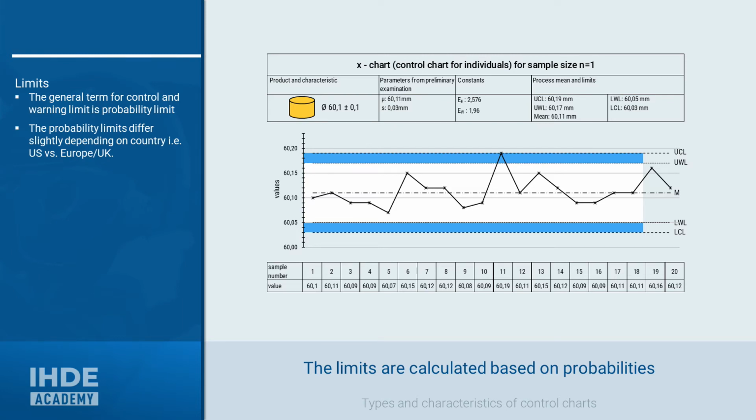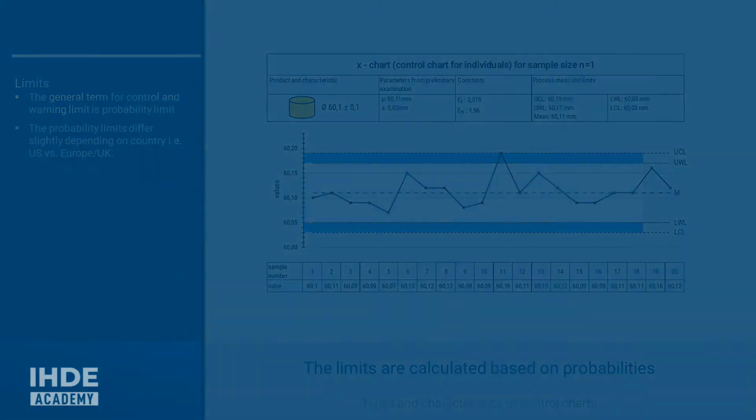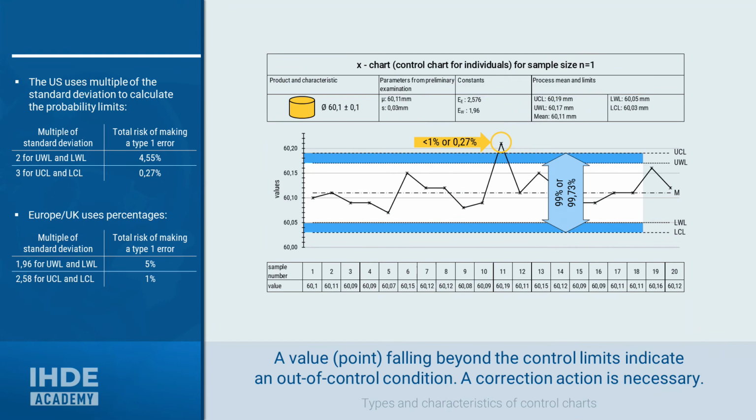Let's now look at what probabilities we are talking about here and why you find different information on this. A value outside the control limits, as marked here, is an indication of an out-of-control process if no other special cause can be identified.